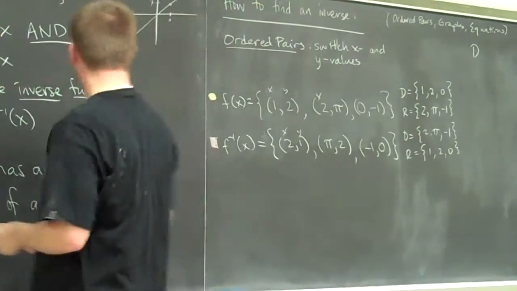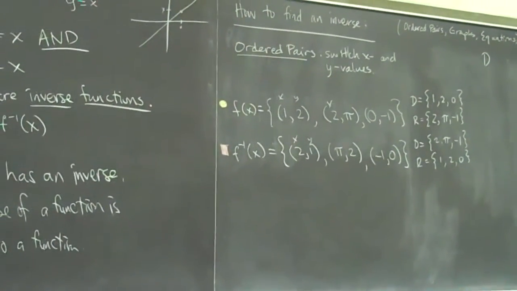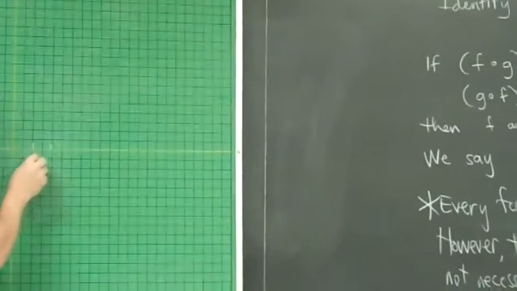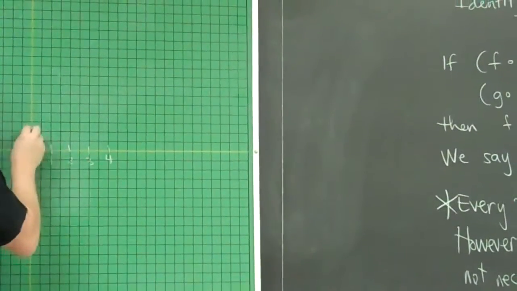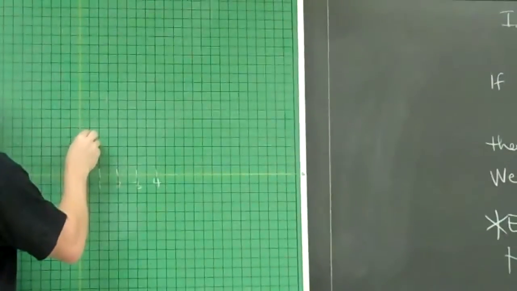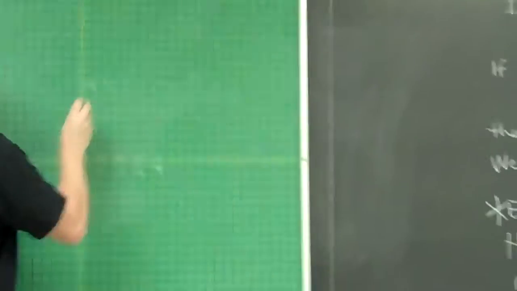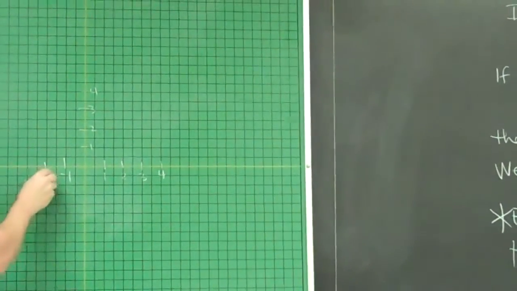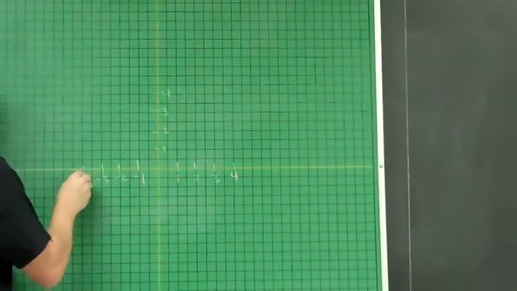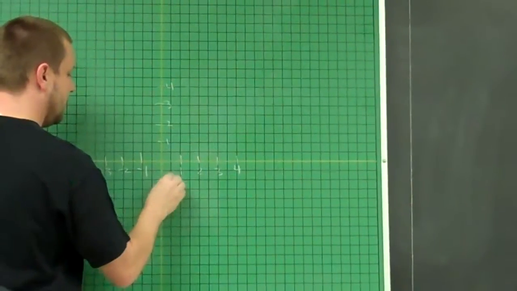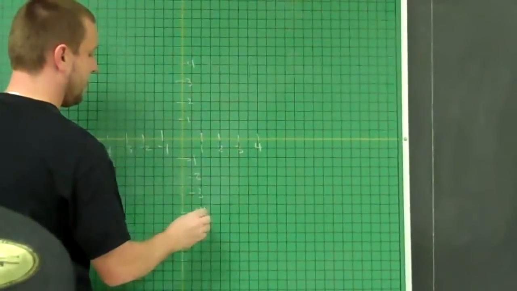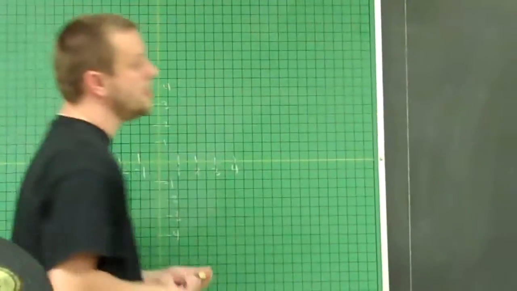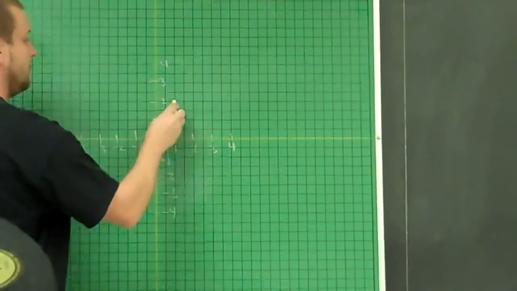All right, so for f of x, 1, 2. Okay, we got the point 1, 2.